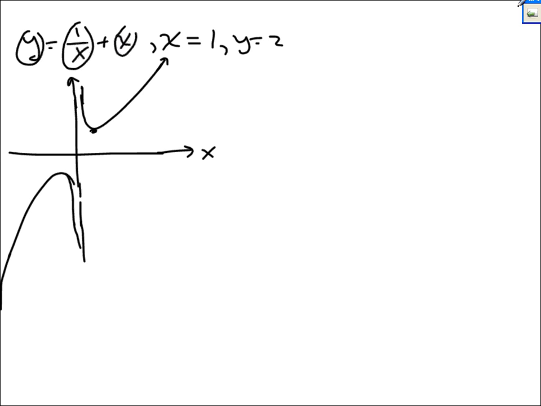If you think about it, if x is positive, the least this can be: if x is less than 1, then this here will be more than 1, and then you add on a little bit more, it'll be more than 1.